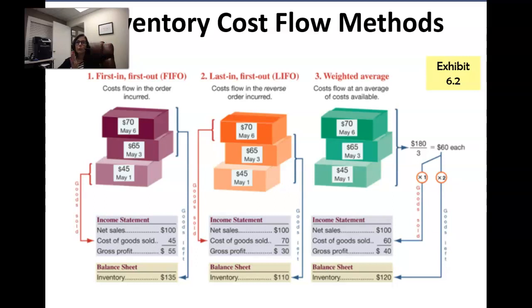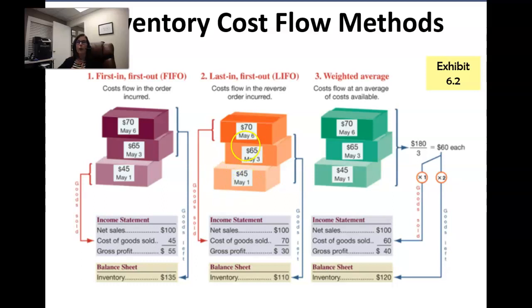Now let's move on to last in, first out, which, not surprisingly, is exactly the opposite of first in, first out. Last in, first out will now assume that the item that we purchased for our inventory on May 6th was the first item that we sold. It was the last one we bought, and we're going to assume it's the first one out.